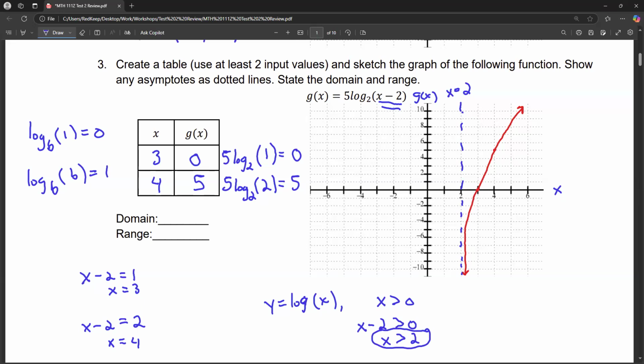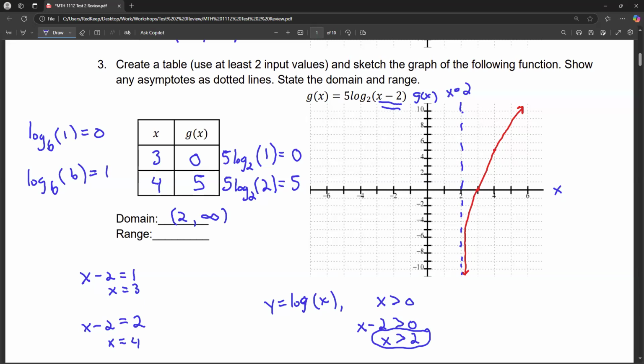That means we can go to the left as much as we want with the x values, but we have to stop at 2. We can get as close as we want to 2, and I'll emphasize that with a rounded bracket on the left-hand side of our domain. And then we see that arrow pointing off to the top right, so we can go off to positive infinity, getting those values as big as we want.